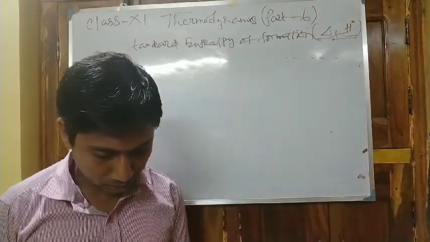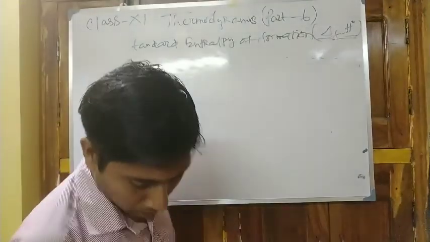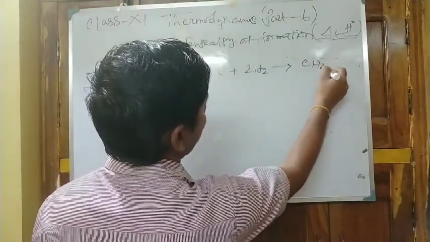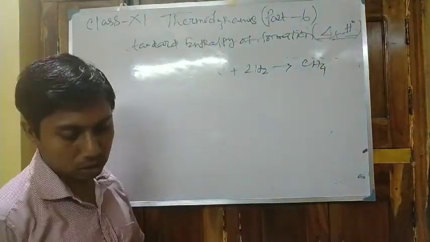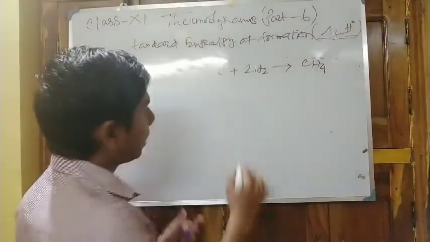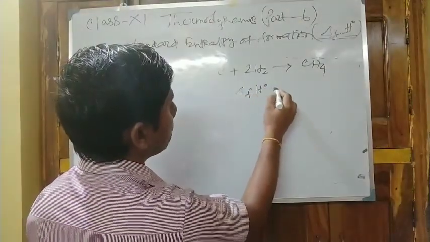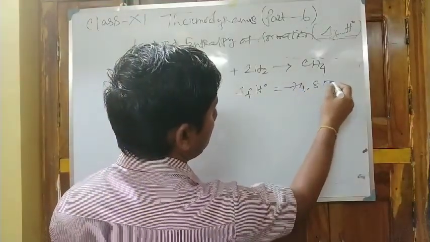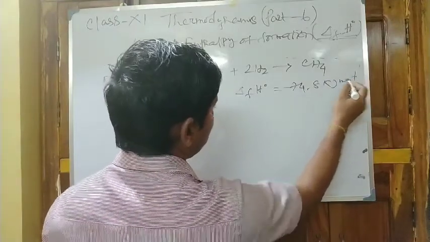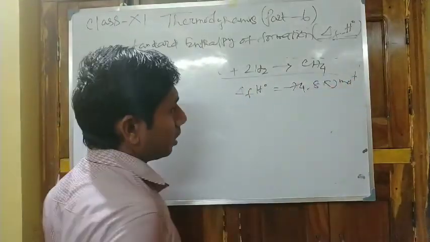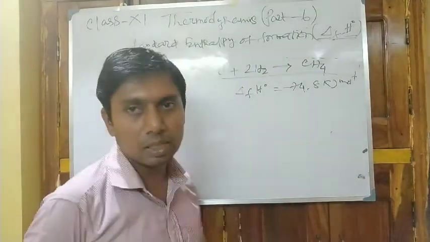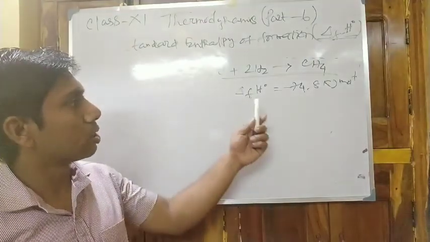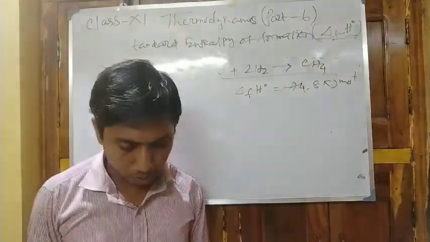Example, carbon plus 2H2 forming CH4. So hydrogenation of carbon, formation of methane, here delta H formation is equal to minus 74.8 kilojoule mole inverse. So we know that energy is evolved from the system, and the formation of CH4 from its constituents is known as standard enthalpy of formation.